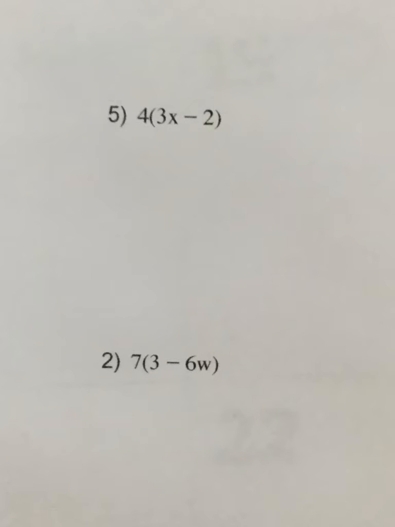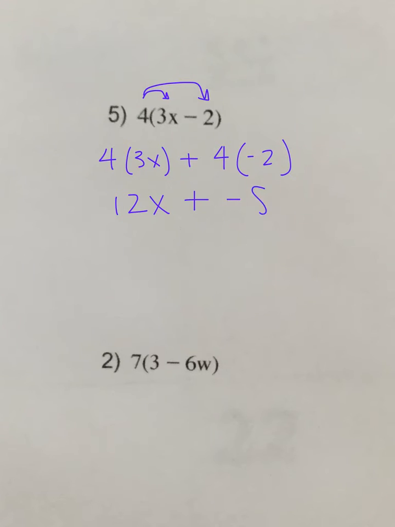Now we're going to distribute in number 5. So everybody gets the 4. So I've got 4 times 3x plus 4 times negative 2. 4 times 3 is 12x plus 4 times negative 2 is negative 8.